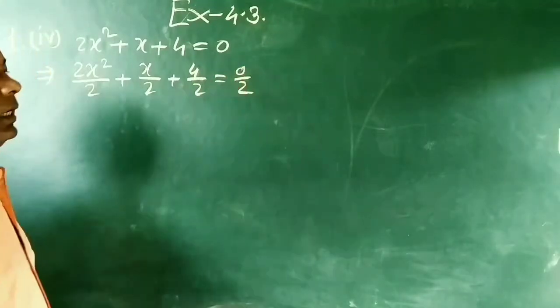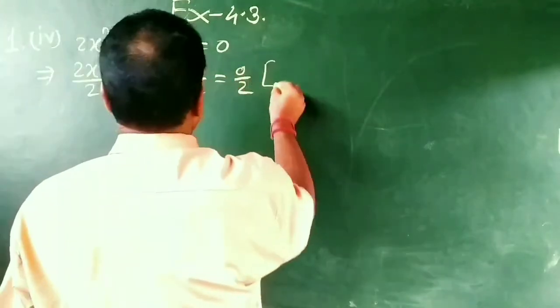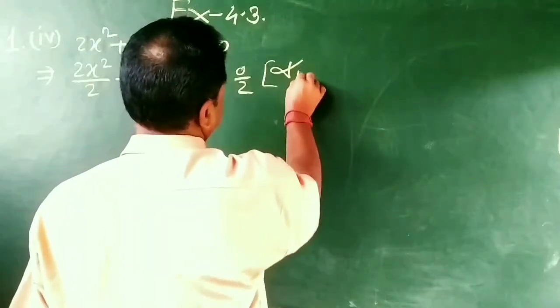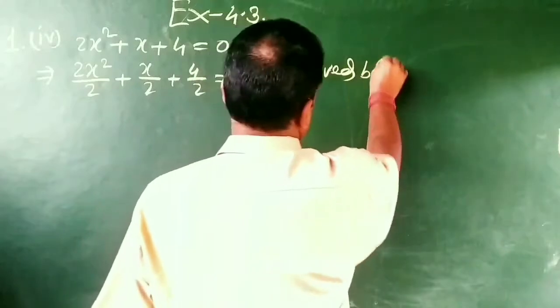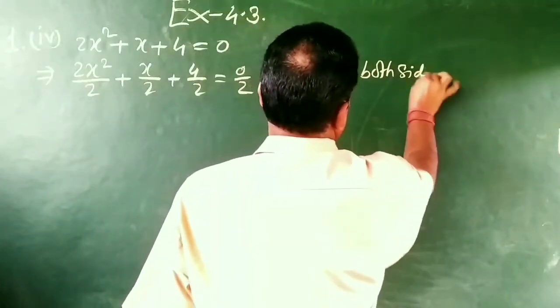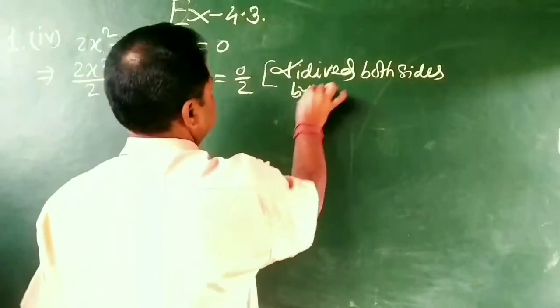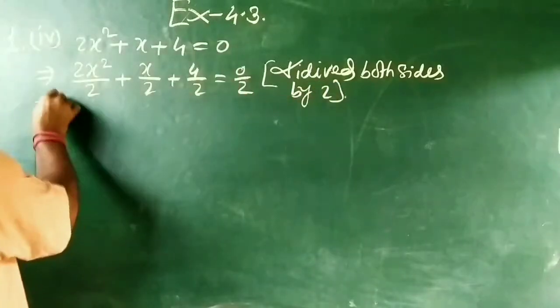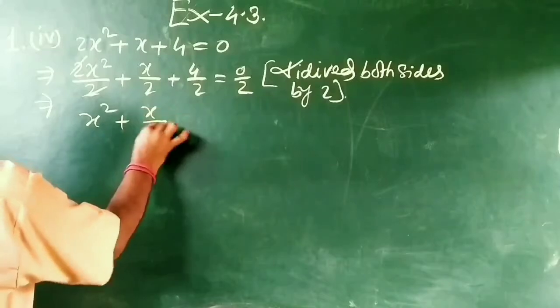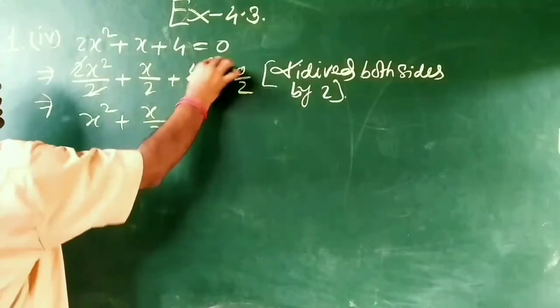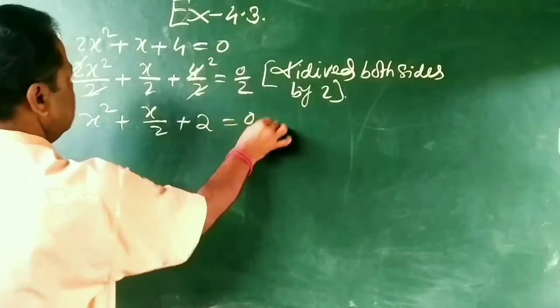We divided both sides by 2. Then the 2 cancelled, getting x square plus x by 2 plus 2 equal to 0.